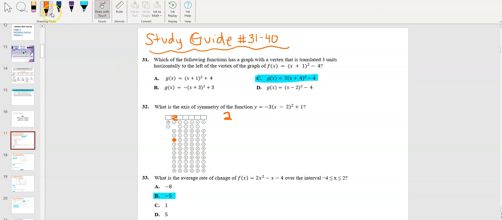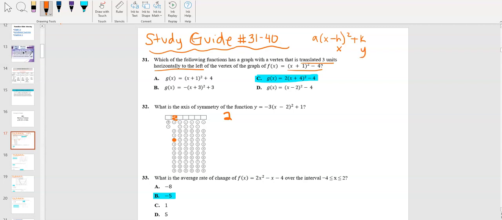On this first one, we are trying to figure out which of the following functions has a graph with a vertex that's translated 3 units horizontally to the left of this graph right here. If you remember, in vertex form, you have h and k, this is really our x value, and this is our y value.